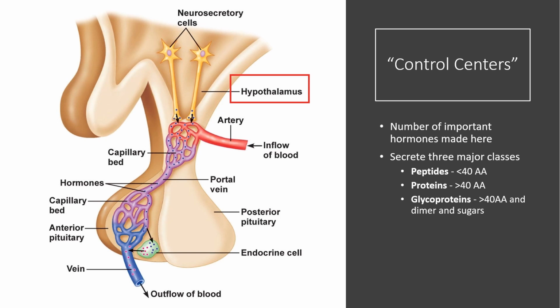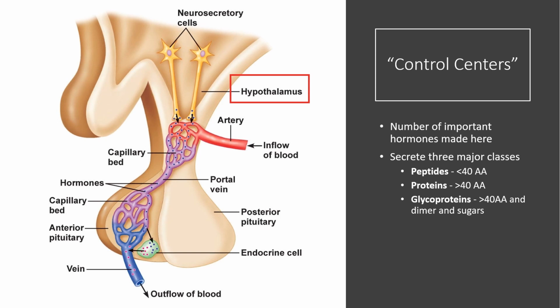The other thing to keep in mind here, and your book and many other places mention this over and over again, is that if you were to pick one particularly important gland or portion of the endocrine system, it would in fact be this portion, the hypothalamus and the pituitary, because in some ways they secrete some of the most important endocrine compounds or the hormones into the body itself.